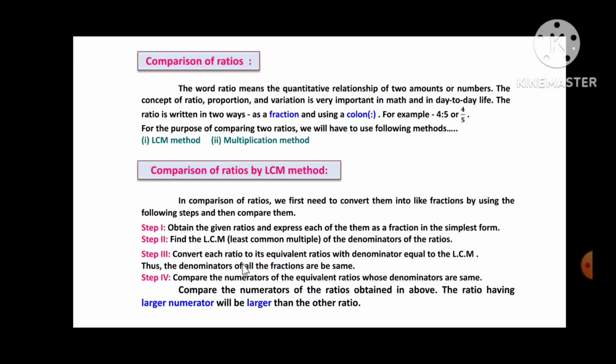Third, convert each ratio to its equivalent ratio with the denominator equal to the LCM. Thus, the denominators of all the fractions are the same. Step 4, compare the numerators of the equivalent ratios whose denominators are the same. The ratio having the larger numerator will be larger than the other ratio.